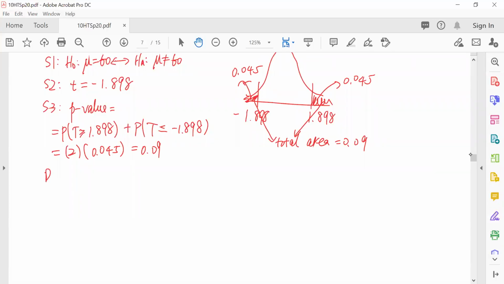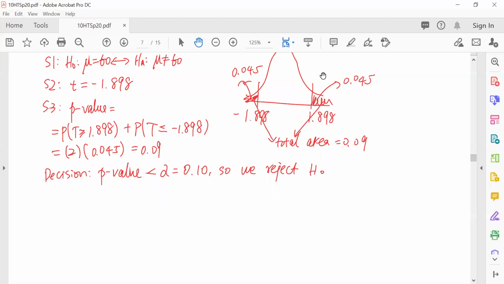Now our p-value is 0.09, so we could make a decision that the p-value is less than our alpha equals 0.1. So we reject H null.